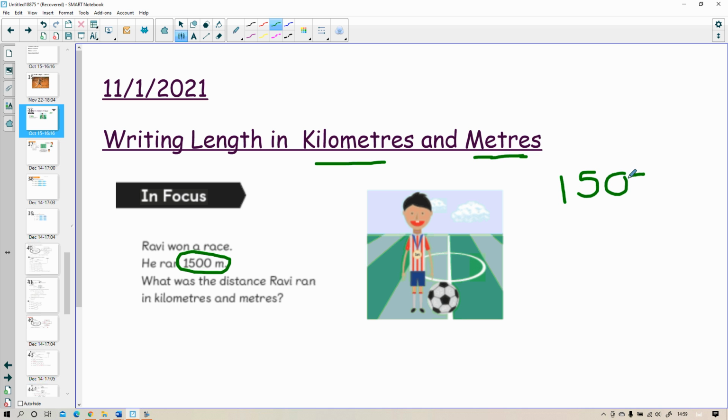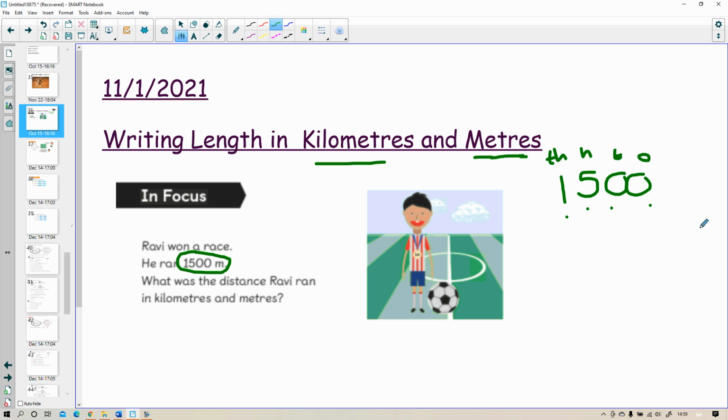So if I've got 1,500, here it is written out, I can easily see here's my ones, tens, hundreds and thousands. Again, bear with the mouse writing, you can hear it clicking away. To work out how many kilometers there are here, I need to work out how many thousands are in this number.